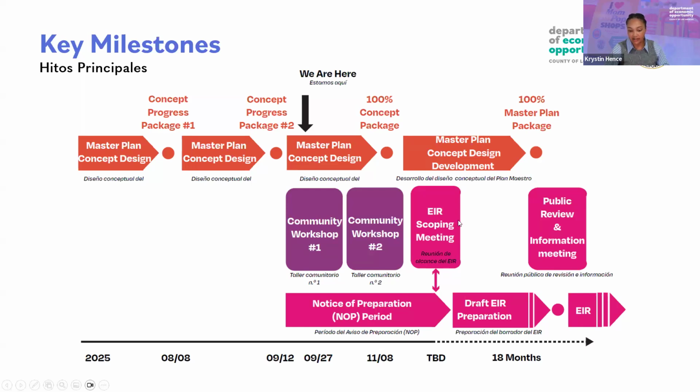And then that leads us to our EIR scoping meeting, which is the first chance for folks to comment on the environmental aspect of the master plan. This will inform the development of the draft EIR and what gets analyzed and evaluated. And then we'll have an additional public review session nearing the completion of the draft for additional comments and reactions to what's in the draft and what the analysis is saying thus far. And that will culminate into a final EIR targeting the end of next year or the late fall of next year.